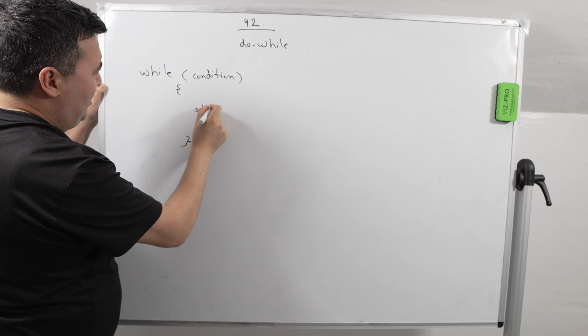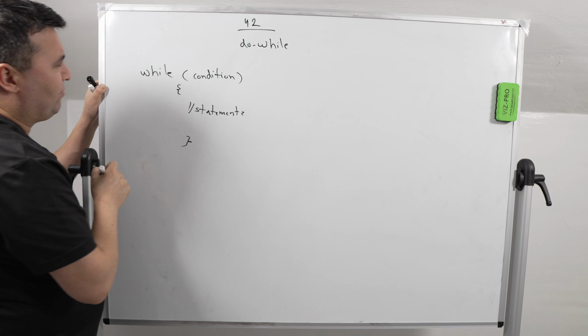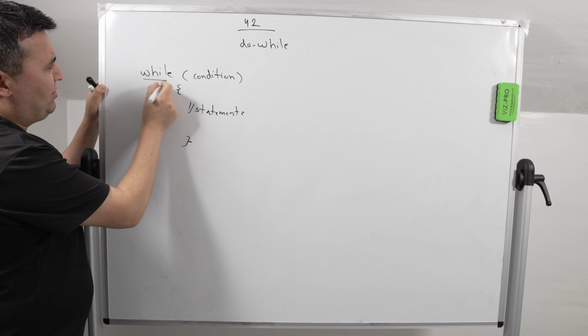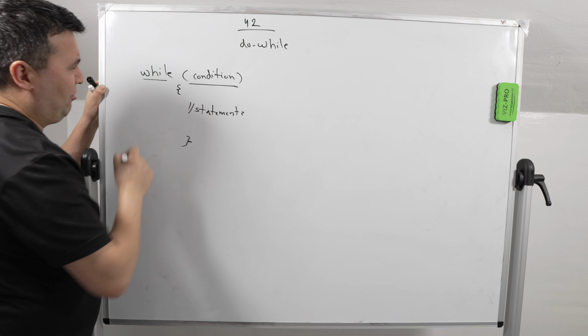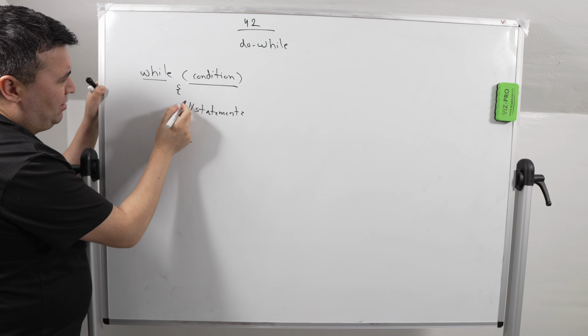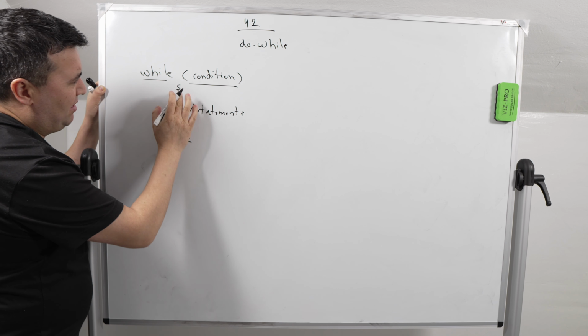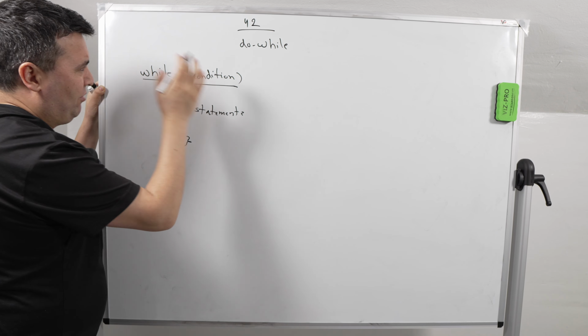Our code, the statements which should be repeated, goes here. The while loop first checks the condition. If this condition is true, it executes any statements inside the block of the while loop.